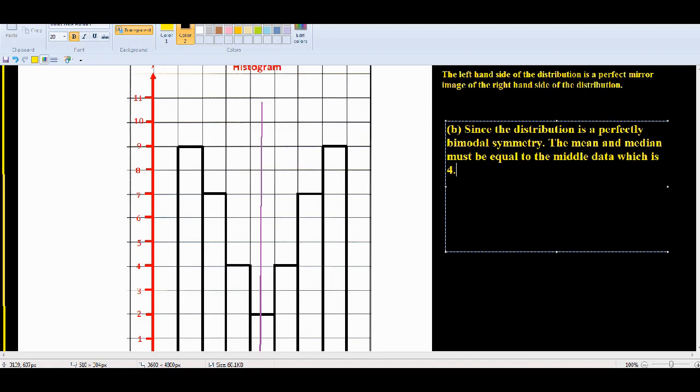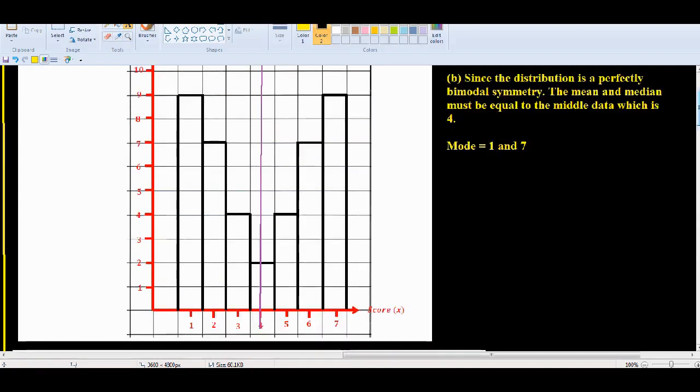How about the mode? There are two modes. The two modes are basically 1 and 7, which are the most popular, the most frequent data.